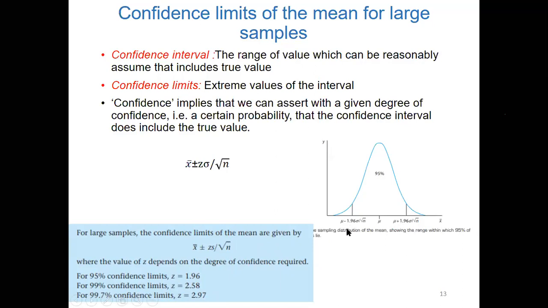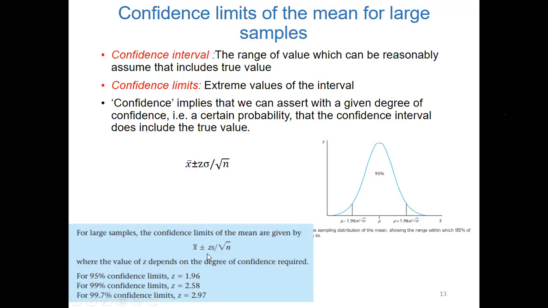It's same as the standard deviation, right? For large samples, the confidence limits of the mean are given by this equation. Here, I told you earlier this should be mu. Instead of mu, for the large sample, the population mean equals the sample mean when we take a large sample.